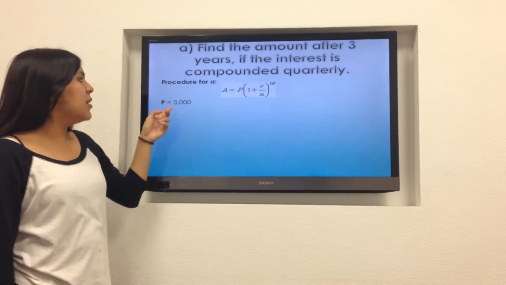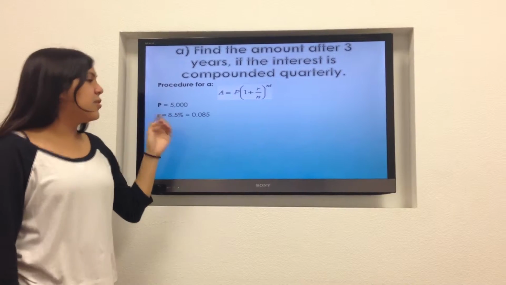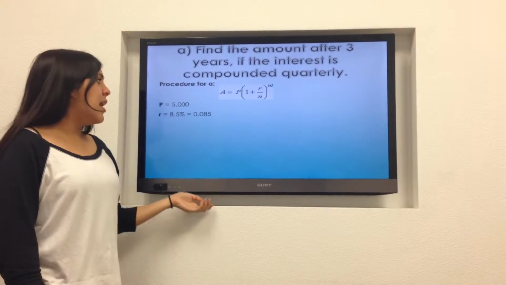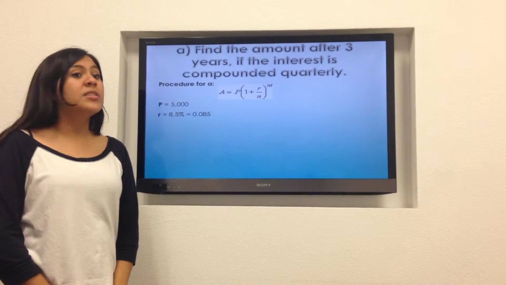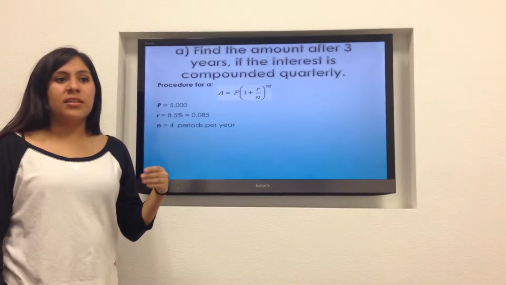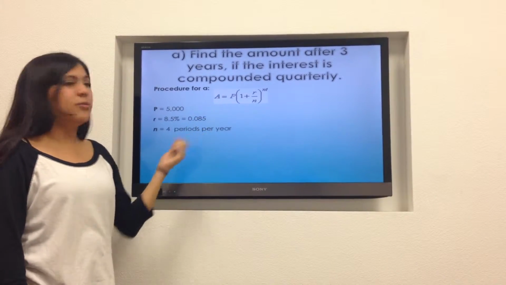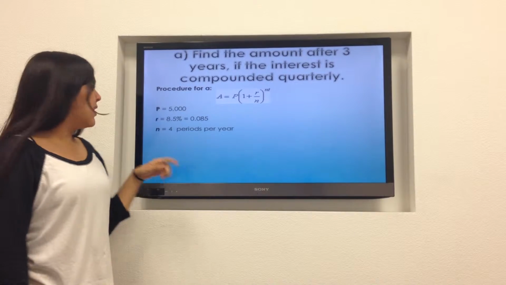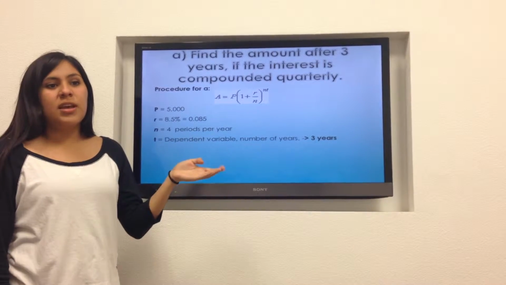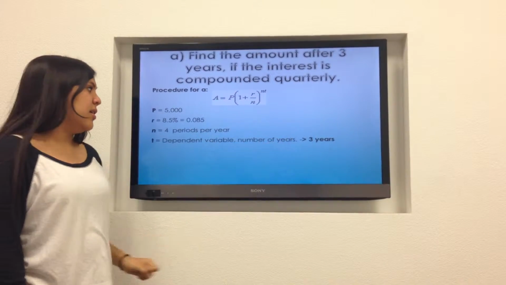Our values are P equals 5,000, that is the initial amount. R is our interest, 8.5%, and we turn that into decimals, which gives us 0.085. And N is the periods, and since it is compounded quarterly, we have 4 periods. And then T is the independent variable, the number of years. We have to find the amount after 3 years, so it's 3.